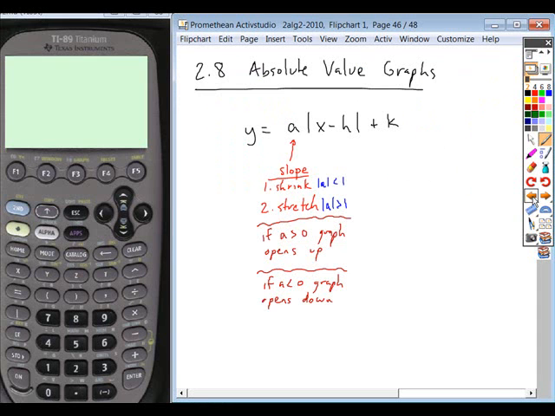Okay. Let's go back and take a look at the next part I want to talk about, the k part. This k part here is going to shift the graph up or down. So this determines the vertical shift.